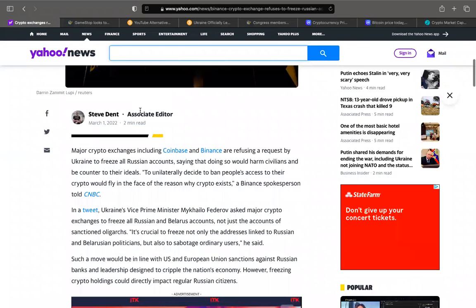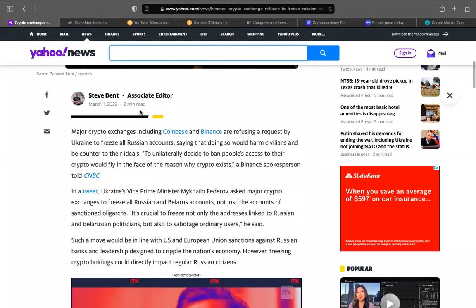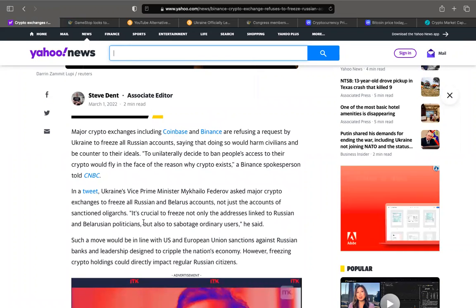In a tweet, Ukraine's vice prime minister asked major crypto exchanges to freeze all Russian and Belarusian accounts, not just accounts of sanctioned oligarchs. It's crucial to freeze not only the addresses linked to Russian and Belarusian politicians, but also to sabotage ordinary users, he said.